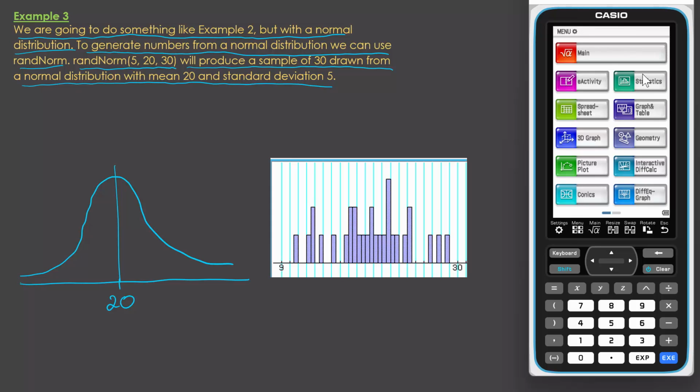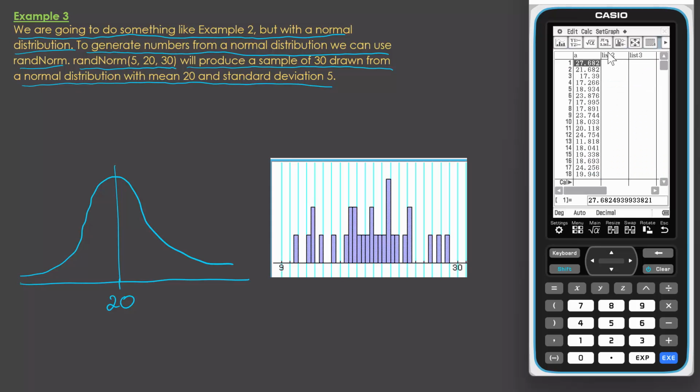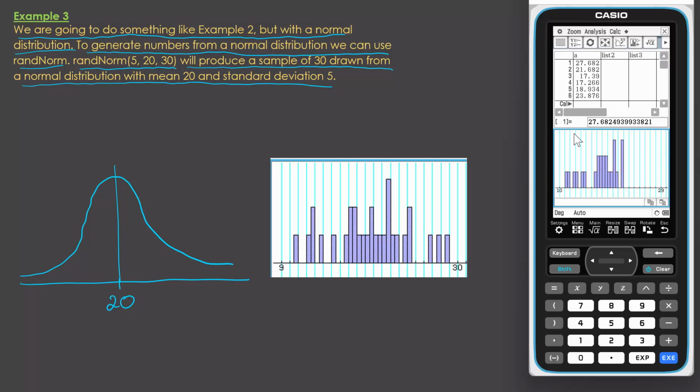Let's go to statistics and let's go for a width of 0.5 as we did before. And it does look quite different. And if 10's there and 29 is there, the center, the highest bars are around the 20 mark as we'd expect. Looks quite different to this one.